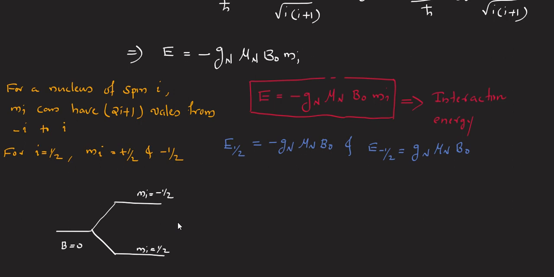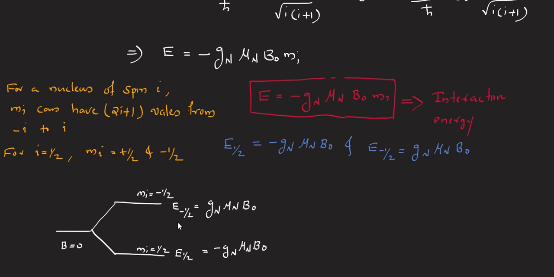Always write the upper energy level as positive energy. Here the positive energy value is E minus half, corresponding to mi minus half. So this is E minus half. This is equal to Gn mu n B0, and this is E half. This is equal to minus Gn mu n B0.